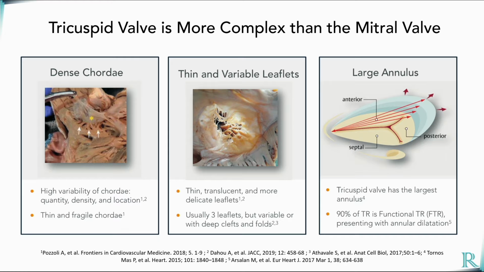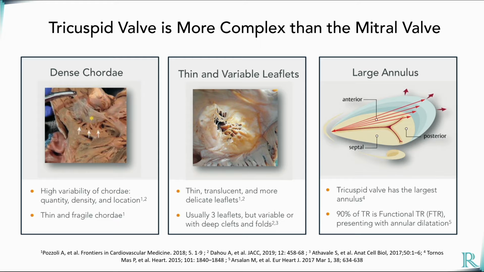These leaflets are very thin, almost see-through, and it doesn't take a lot of force to cause any harm to these leaflets. And then, when we look at tricuspid regurg, we are normally faced with larger coaptation gaps, which need to be bridged.